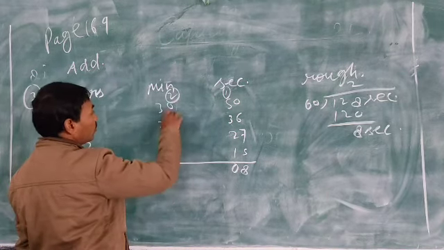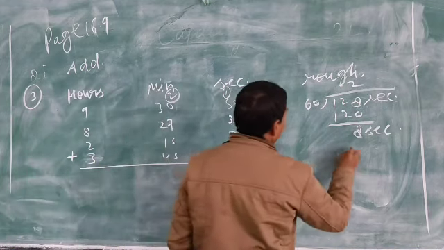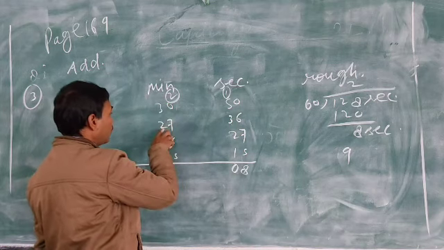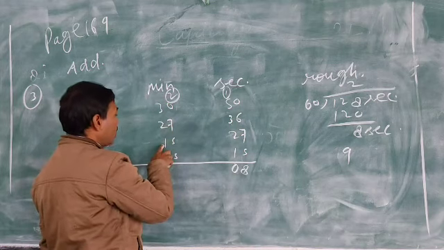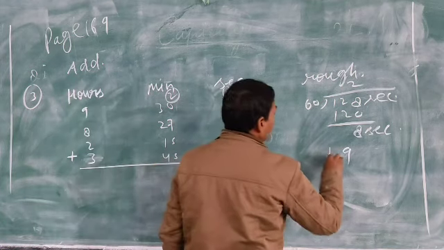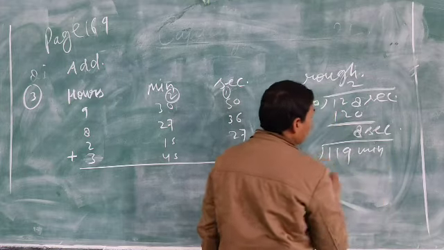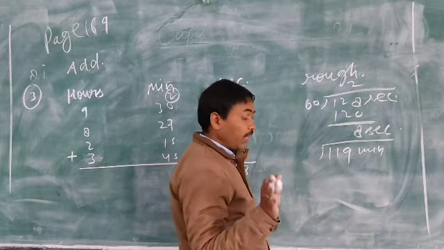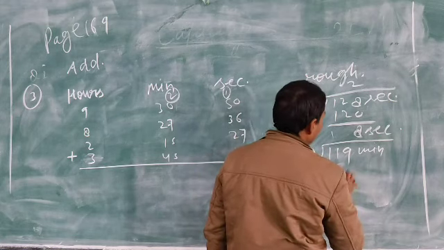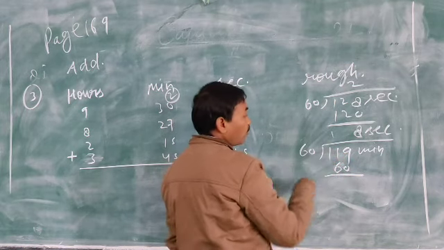We will add 7 and 9, 9 and 10, 19, and 1 carry 3, 1 4, and 2 6, and 1 7, and 4 11. That is 119 minutes, and it will convert into hours. 60 minutes make 1 hour. So divide it 1 time, because 60 to 120, here 1 is less than 120.